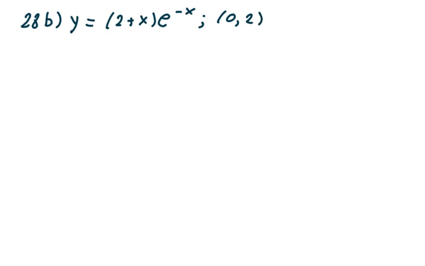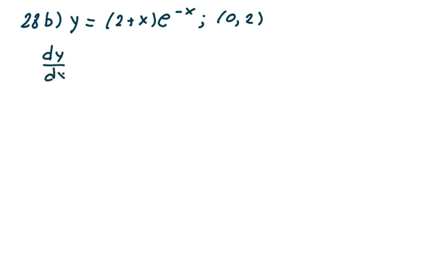Now, let's take a look at 28b. Suppose we have y equals 2 plus x times e to the minus x. And the ordered pair is (0, 2). Same directions. We want the tangent line and then the normal line.